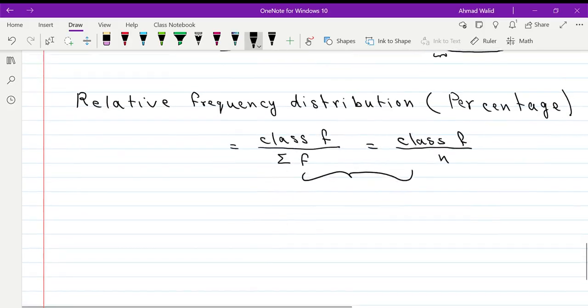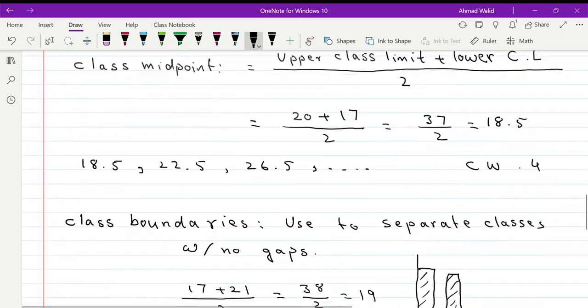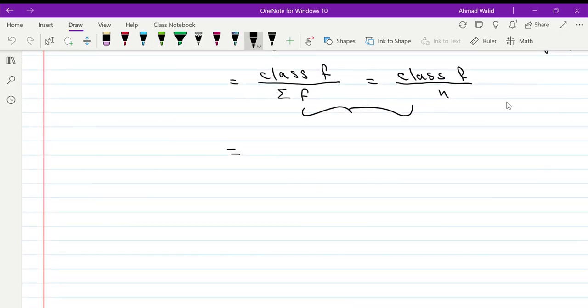Let's do one of them, or all of them actually. First class. Your first class frequency was 25 students. 25 divided by 40. Let's use our calculator. 25 divided by 40 gives you 0.625.